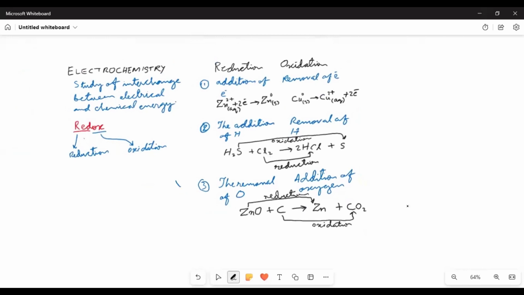Consider that this is a scale: here 0, +1, +2, +3, +4, and on the left hand side, -1, -2, -3, -4.